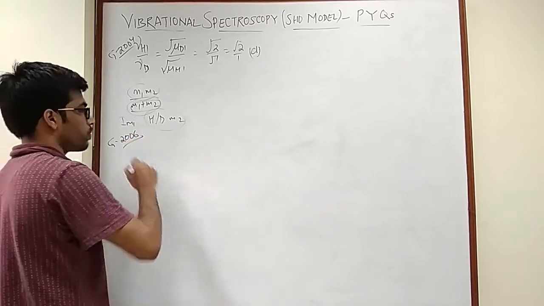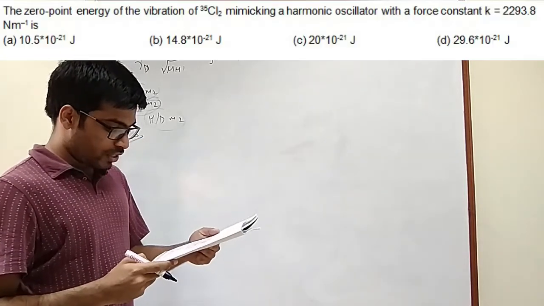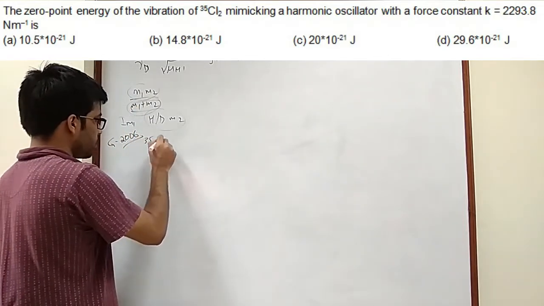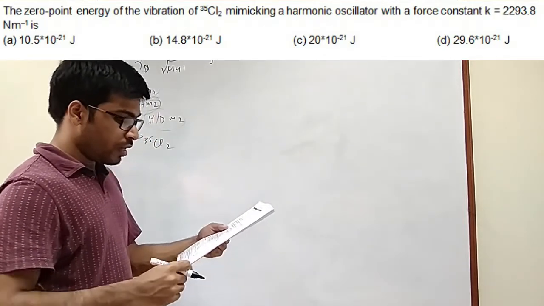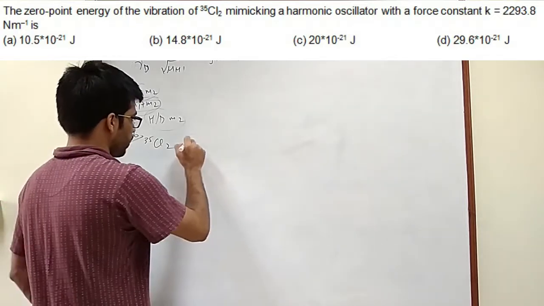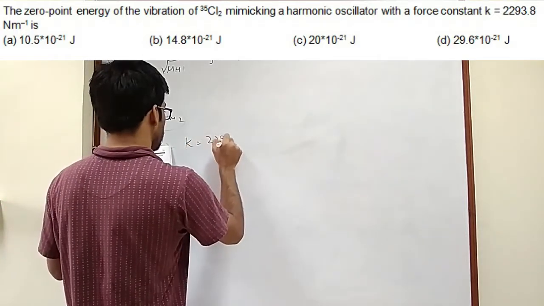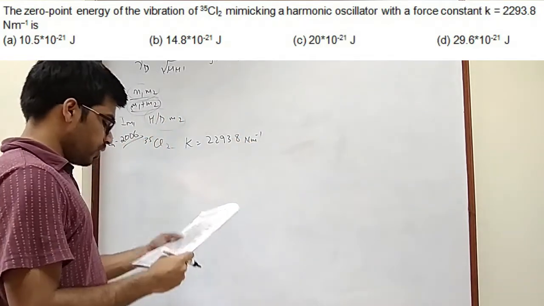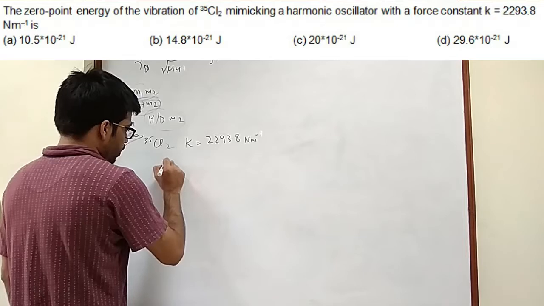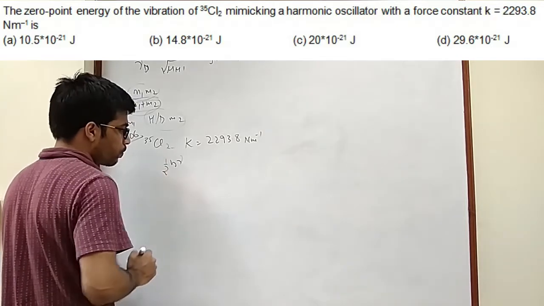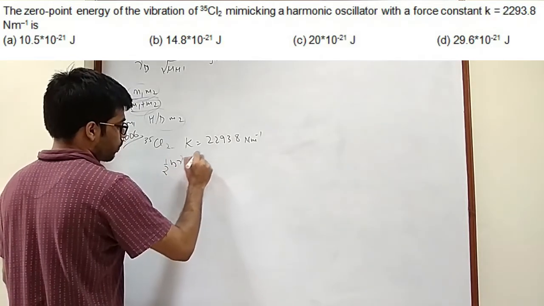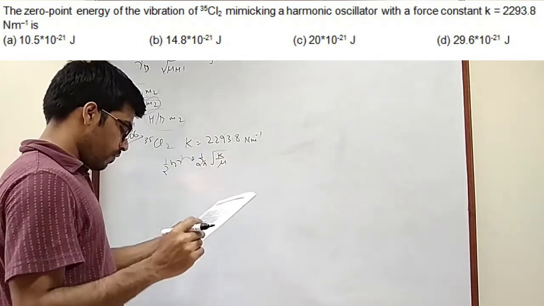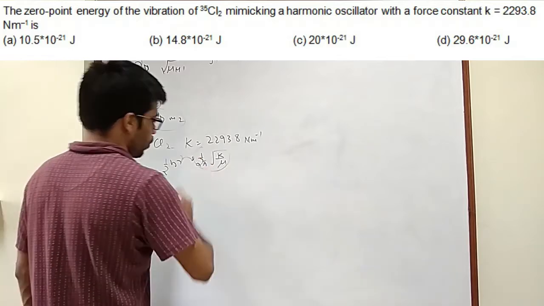2006. The question says, the zero-point energy of the vibration of 35Cl35Cl mimicking a harmonic oscillator with force constant k equals 2293.8 Newton meter inverse. We have to find the vibration zero-point energy. Now the zero-point energy is half h nu, and nu is 1 by 2 pi under root k by mu. The value is given in joules, so we'll be using this formula.